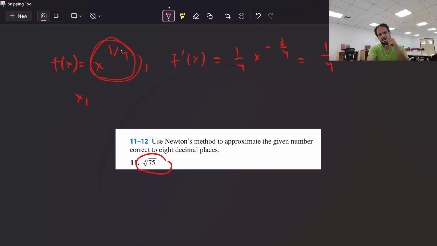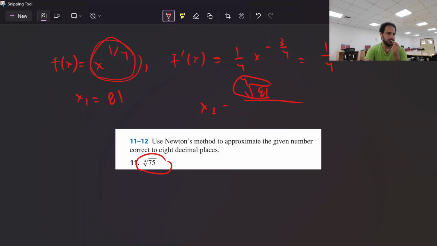For example, if you use this function and choose x1 equals, for example, 81, because it's close to what we want, then you want to calculate in the formula x2 minus f of x2. What is f of x2? 4th root of 81, right? Over the derivative. You will also substitute in the derivative.